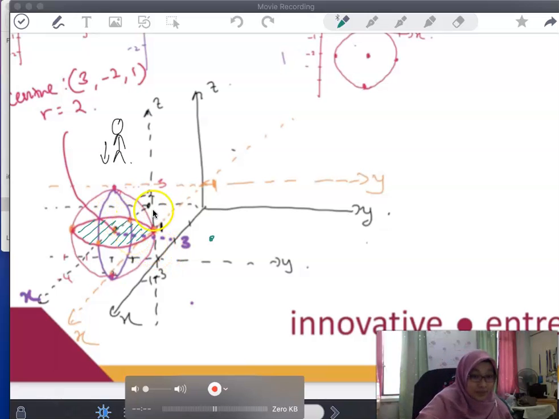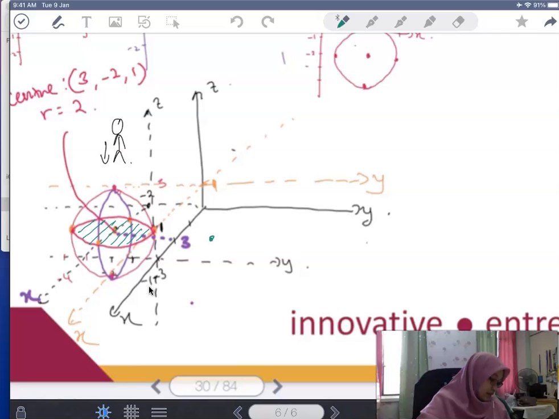Okay, so the highest here is the value of z, 3, and the smallest z, it is a bit confusing, is actually -1.